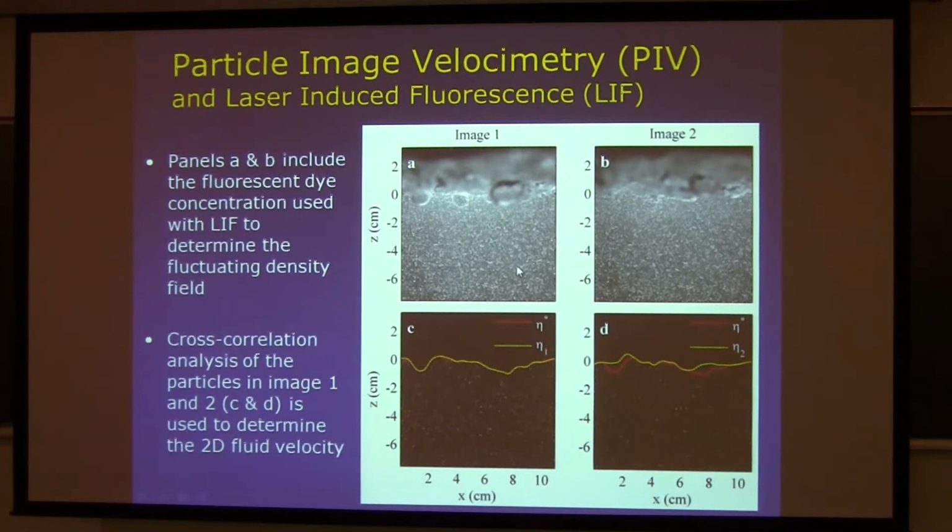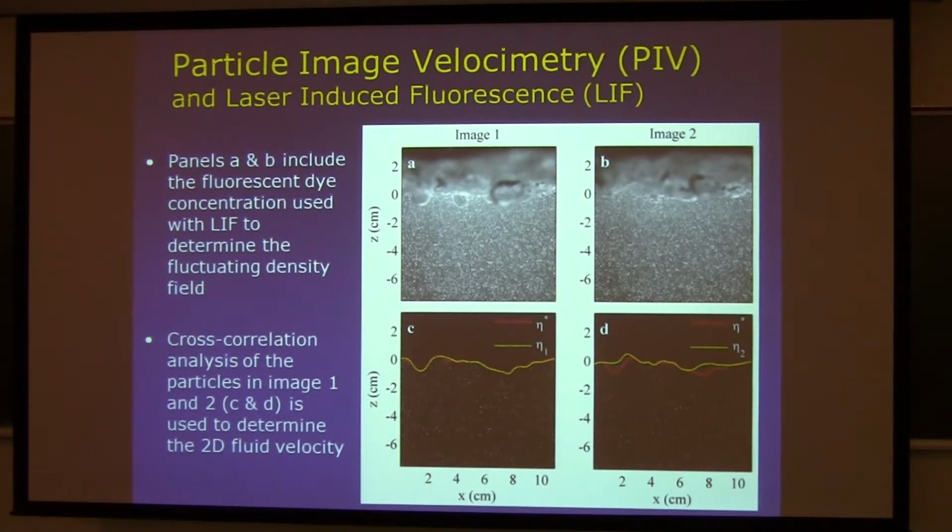PIV uses lasers and particles to get 2 images separated in time, as the particles follow the flow field. If you know the time between the images, you can calculate how far the particles displaced between them to get the velocities.